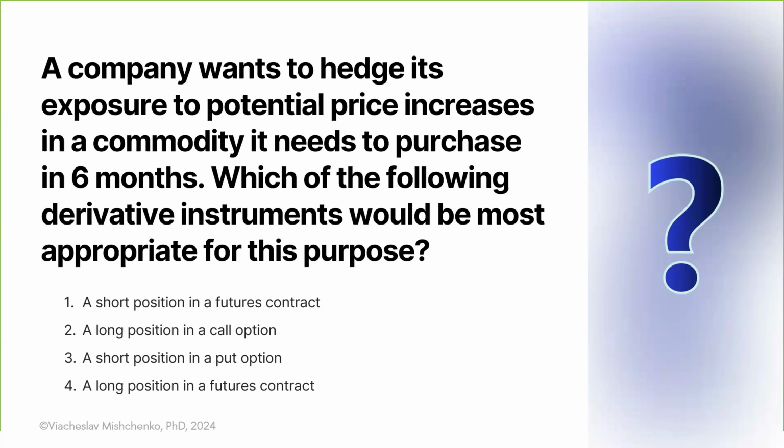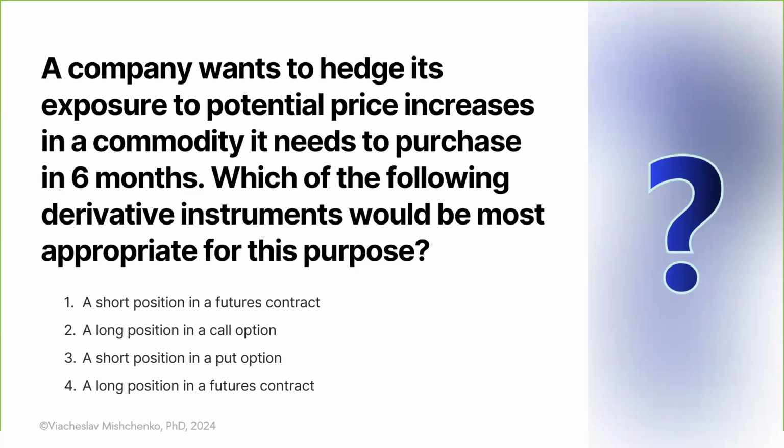Okay, I can see your answers. Yes, the second answer is right: a long position on a call option. So why? Let us explain. Because a long call option gives the company the right, but not the obligation, as you know, to buy the commodity, for example, at a predetermined or strike price in the future.